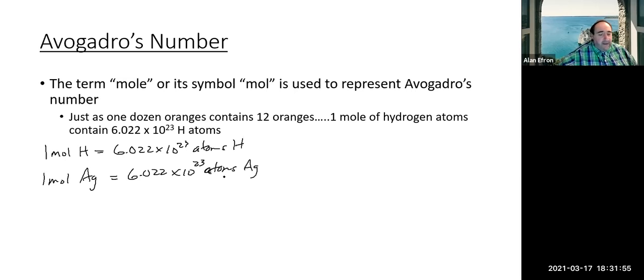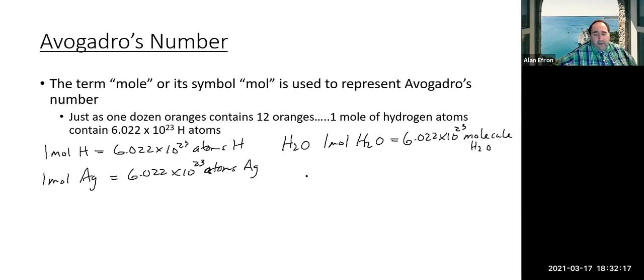Now we could apply Avogadro's number to not just individual atoms of elements. If we had something like water, we could say that in 1 mole of water, there would be 6.022 times 10 to the 23. And water is a molecule. So we would use the term molecule there instead of atoms of water.